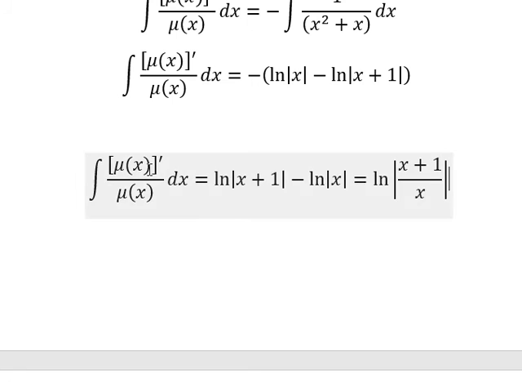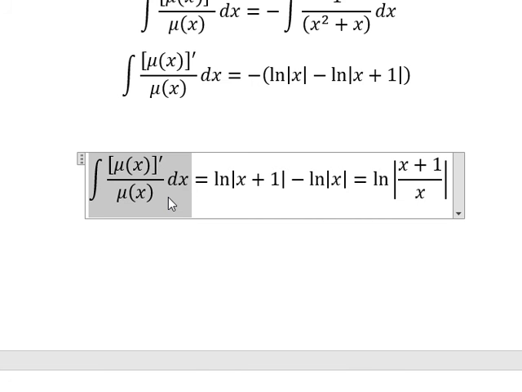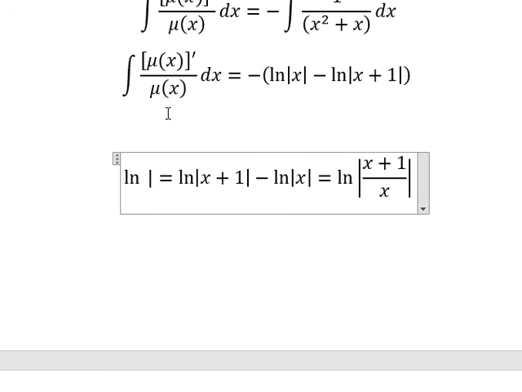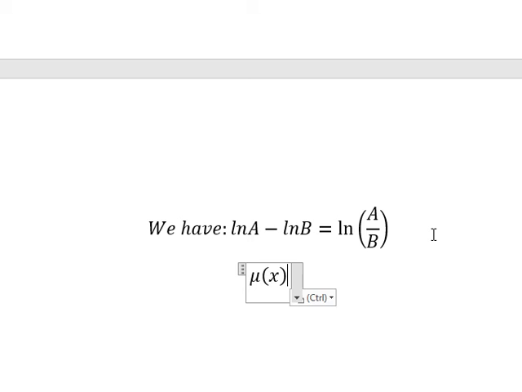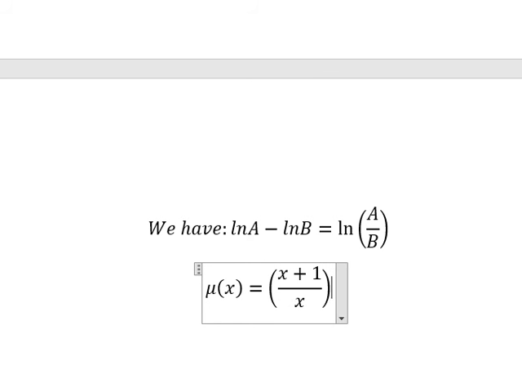Now, the integration of this one is ln of the absolute value of mu s. And now, we see that we have ln of the absolute value, so the integrating factor mu s should be equal to this one. That means we multiply both sides by this one.